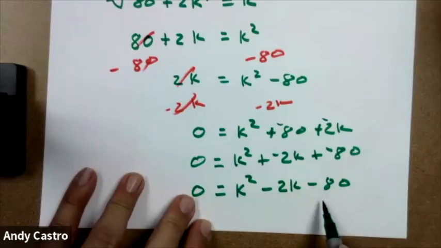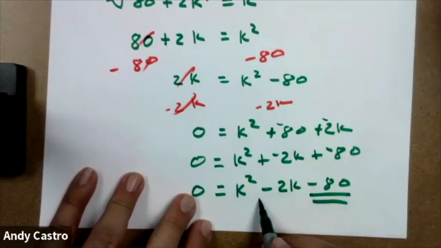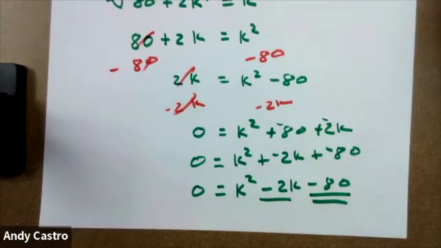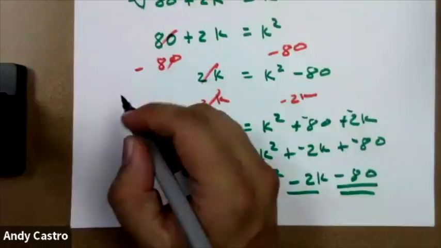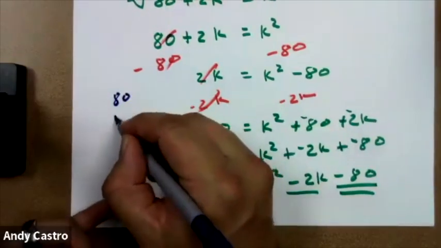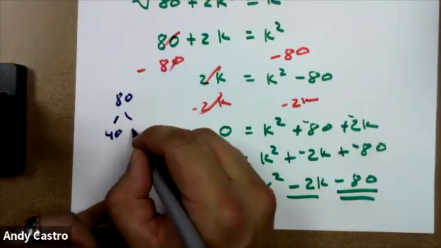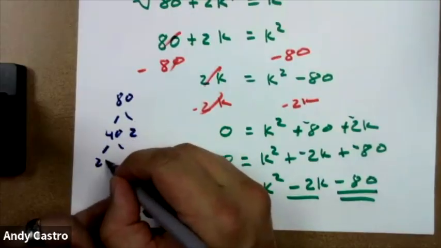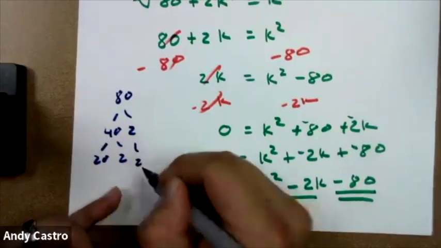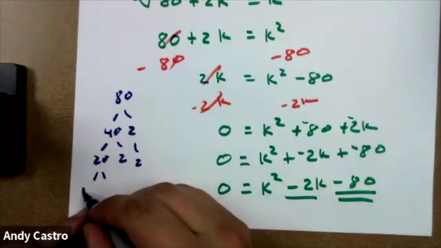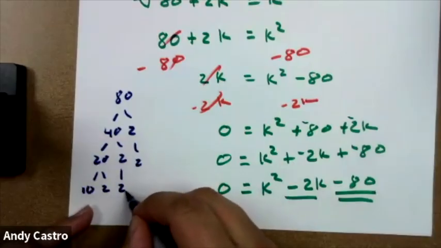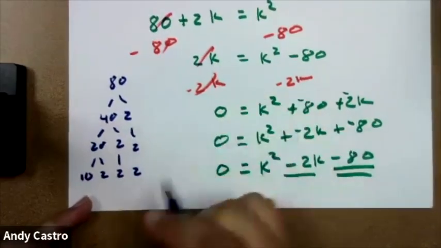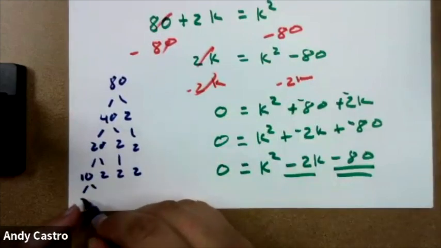So I just need two numbers that would multiply to give me negative 80 but would add to give me negative 2. Two numbers that would multiply to give me 80. Let's factor tree this. We have 40 and 2, 20 and 2, 10 and 2, and then this is 5 and 2.